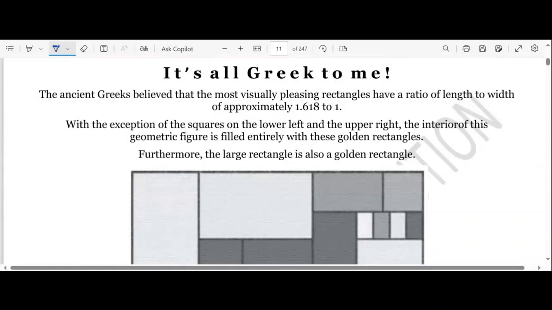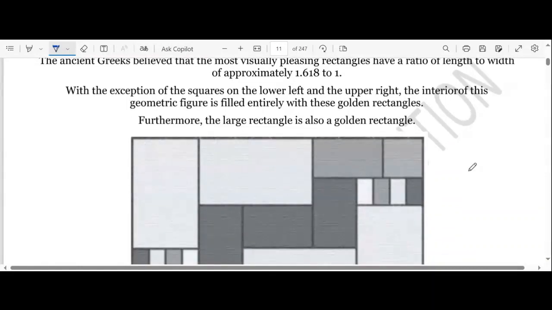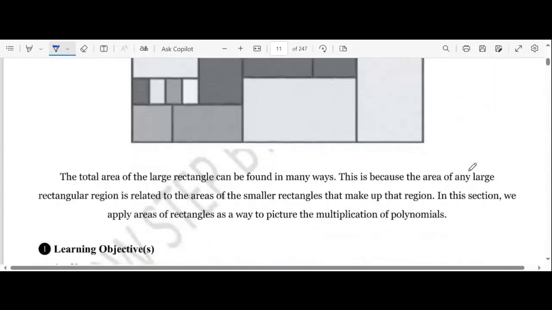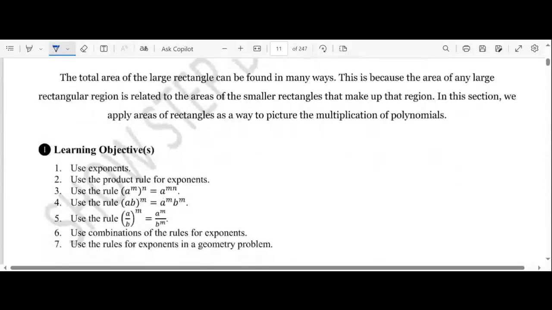Furthermore, the large rectangle is also a golden rectangle. The total area of the large rectangle can be found in many ways. This is because the area of any large rectangle region is related to the areas of the smaller rectangles that make up the region. In this section, we apply the areas of the rectangle as a way to picture the multiplication of polynomials.